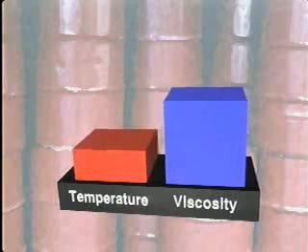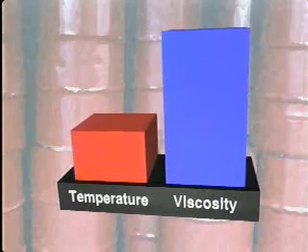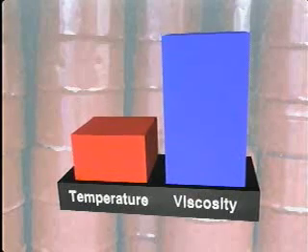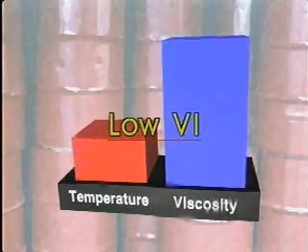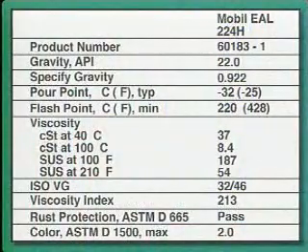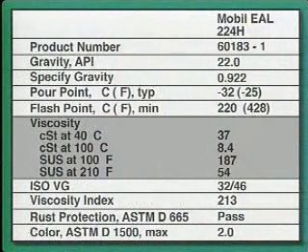If, when temperature changes a relatively small amount, the lubricant's viscosity changes a large amount, the lubricant has a low VI. Consequently, the temperature at which the viscosity measurement was obtained must be stated. This information is important because the same lubricant will have different viscosities at different temperatures.